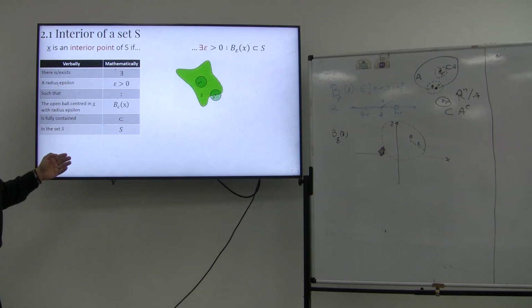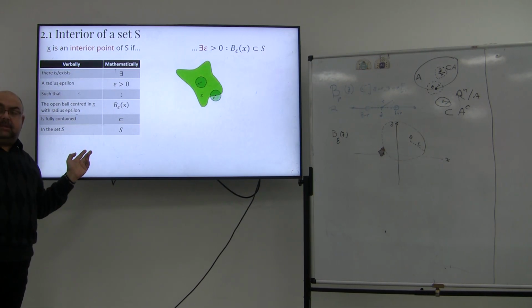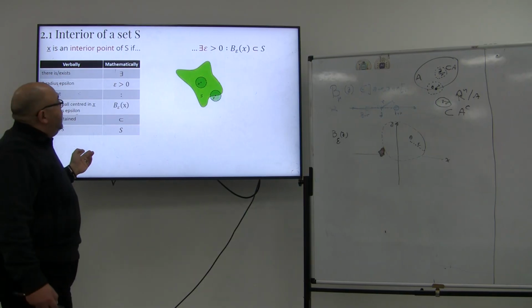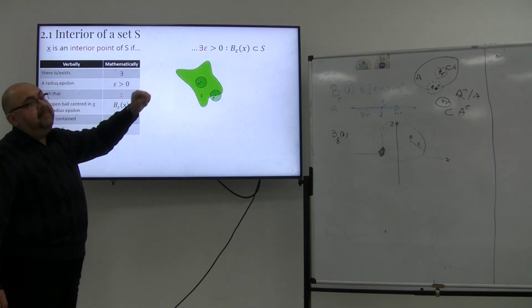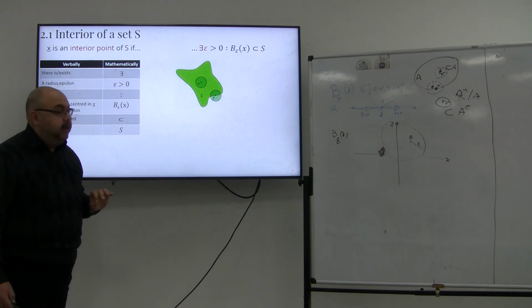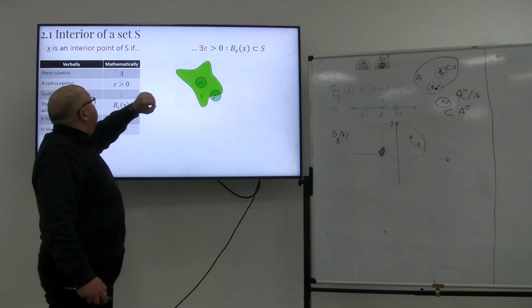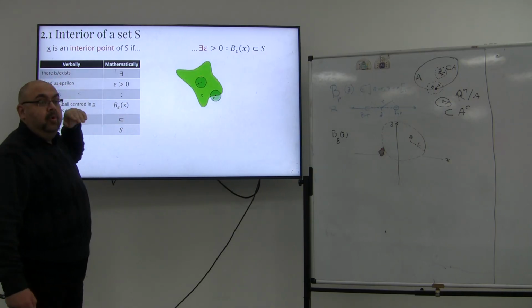This is how we can memorize how to read it. Once more, I can read this mathematical expression in the following manner. This symbol stands for there exists or there is.